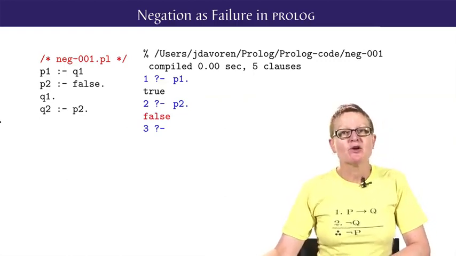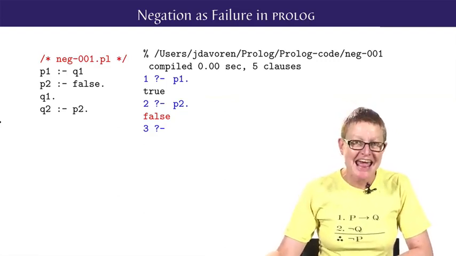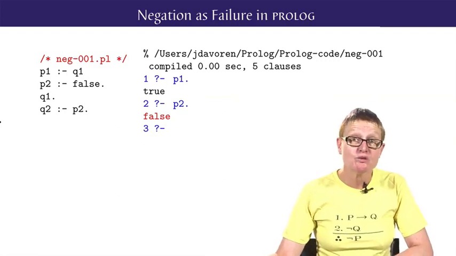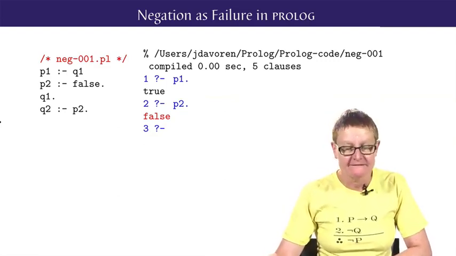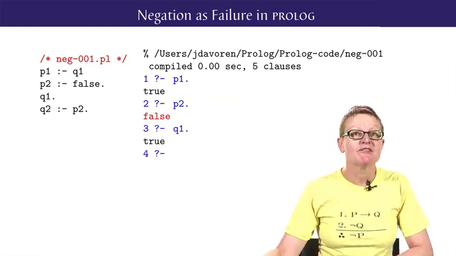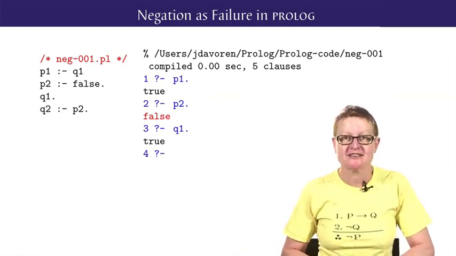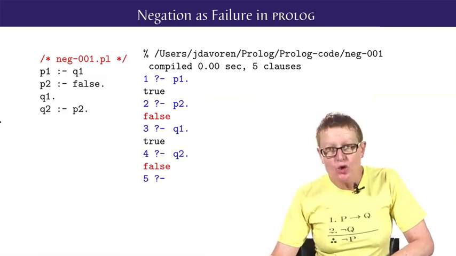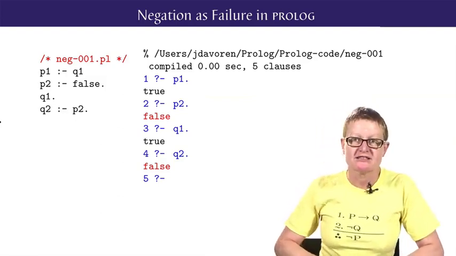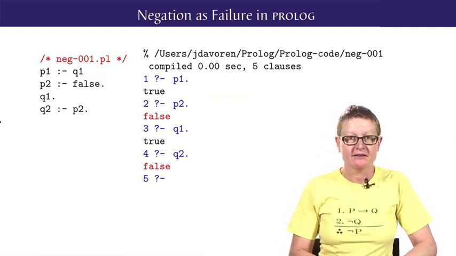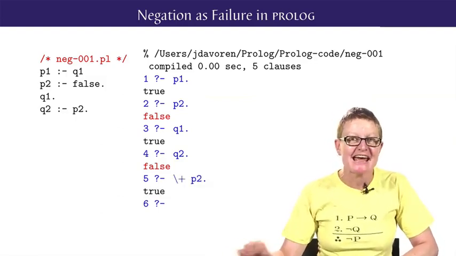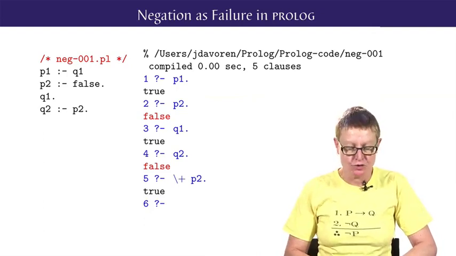The only program clause with P2 as its head is the trivial P2 if false, so resolution will hit a dead end here. Next, the query for Q1 is answered true, and the query for Q2 is answered false, as resolution will also hit a dead end. Now, let's try the query for \+ P2.